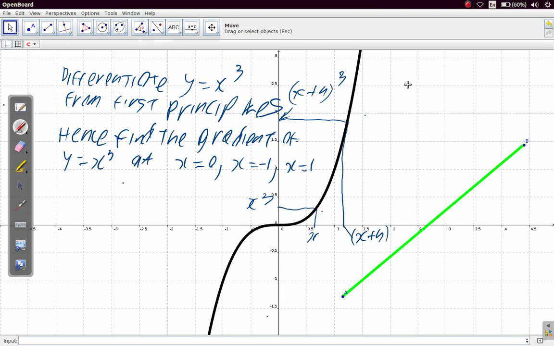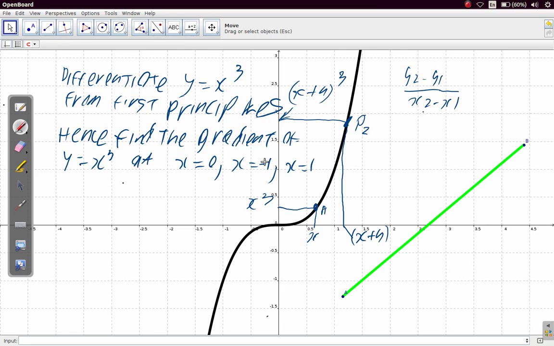Now, the gradient of a line that is drawn through x cubed and x plus h cubed, that is, if you consider this P2 and this P1, this is one point, this is the other point. When a line is drawn through these 2 points, the gradient, of course, is y2 minus y1 over x2 minus x1.